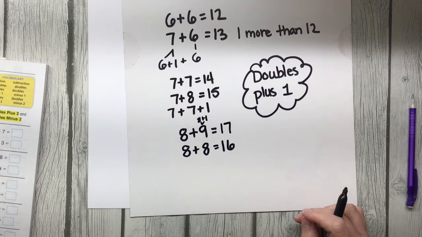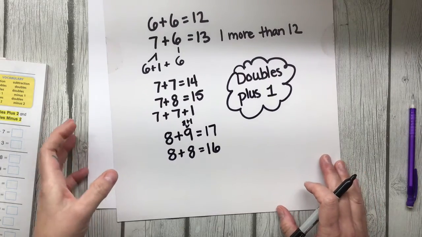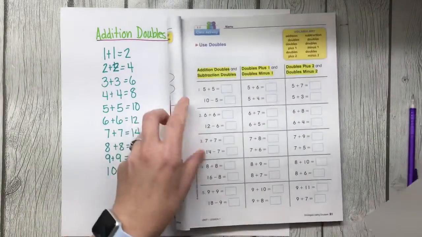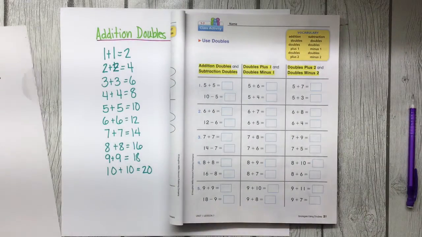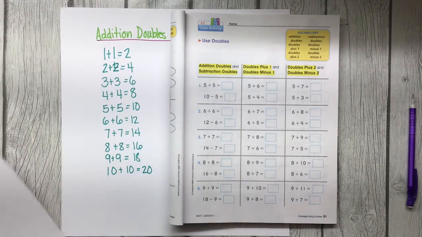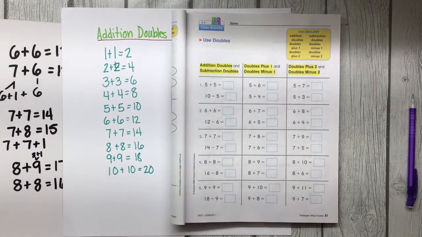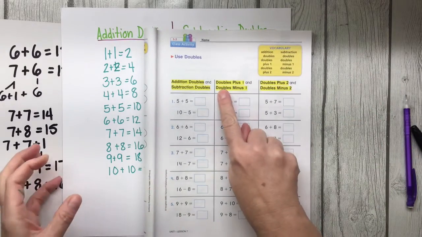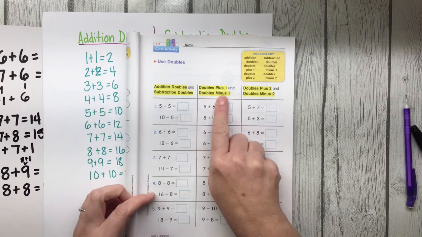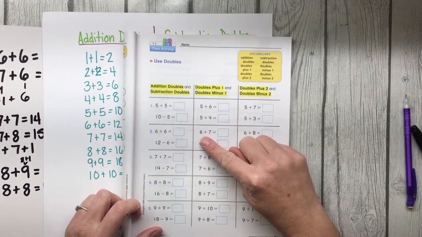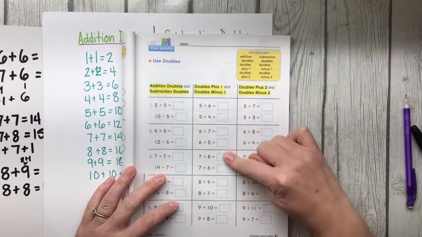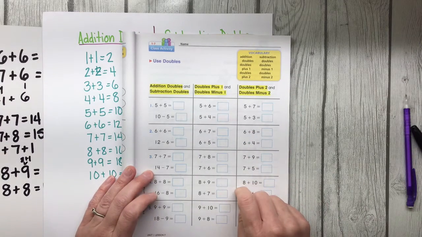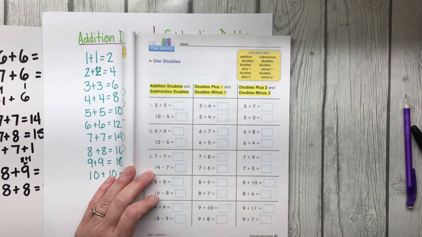Right now, I would like for you to get out your math page, page 21. Right here in this middle column, it says doubles plus 1 and doubles minus 1. So we're actually going to look at the plus ones.